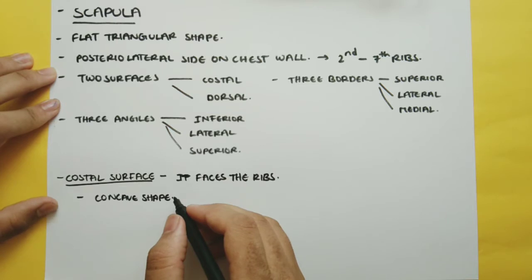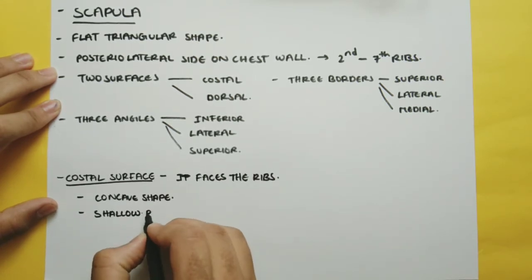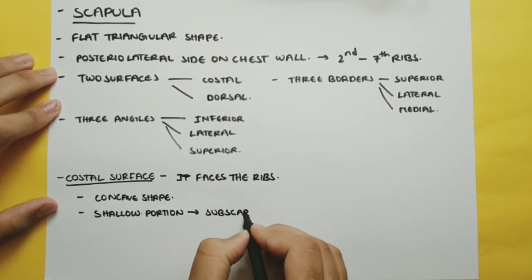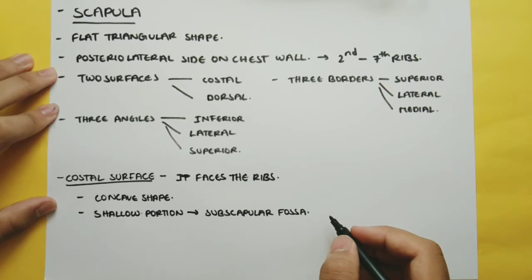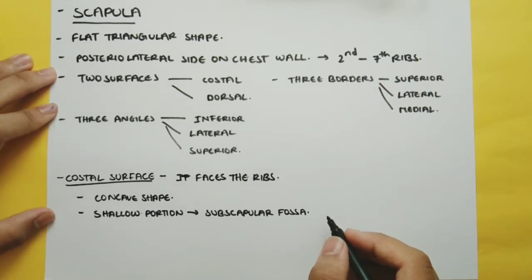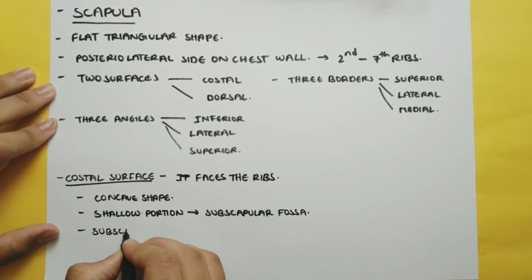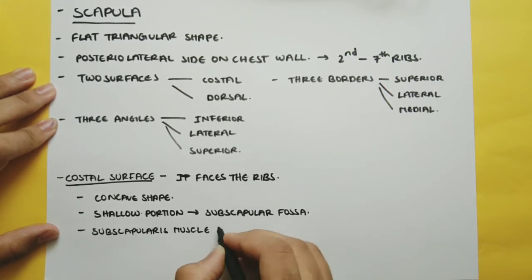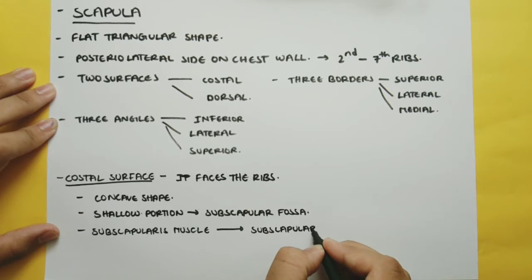It consists of a shallow portion called the subscapular fossa.